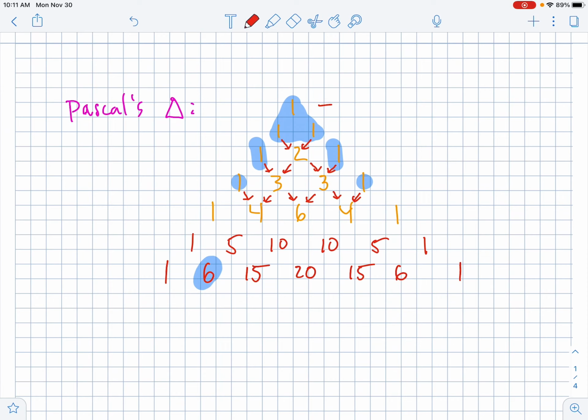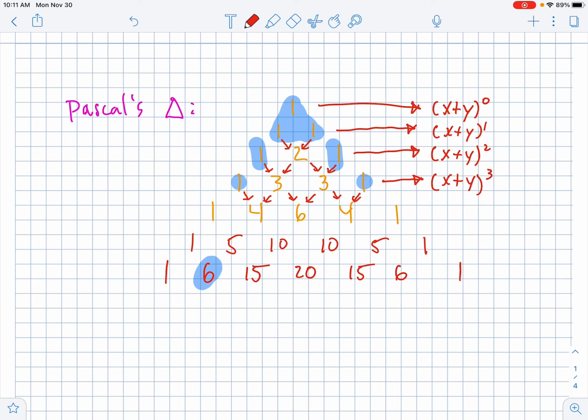So this top row is like x plus y to the 0. This is like x plus y to the 1. This is like x plus y squared.